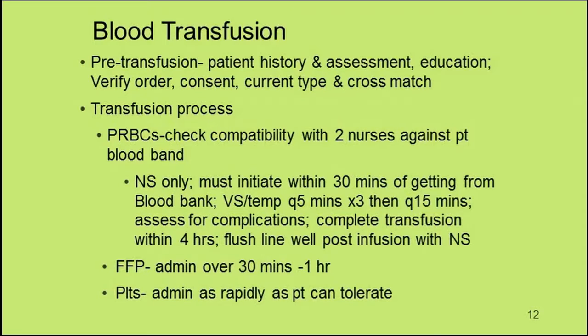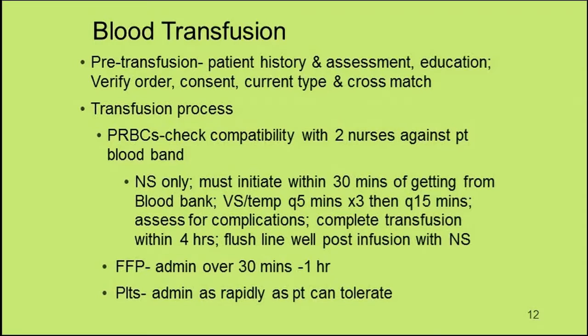You must have a current blood type and cross match. And what that means is, just a brief review. Of course, blood typing, patient A, B, AB, O, the ABO group, and then are they positive or negative? And then cross match has to do with antibody screening.